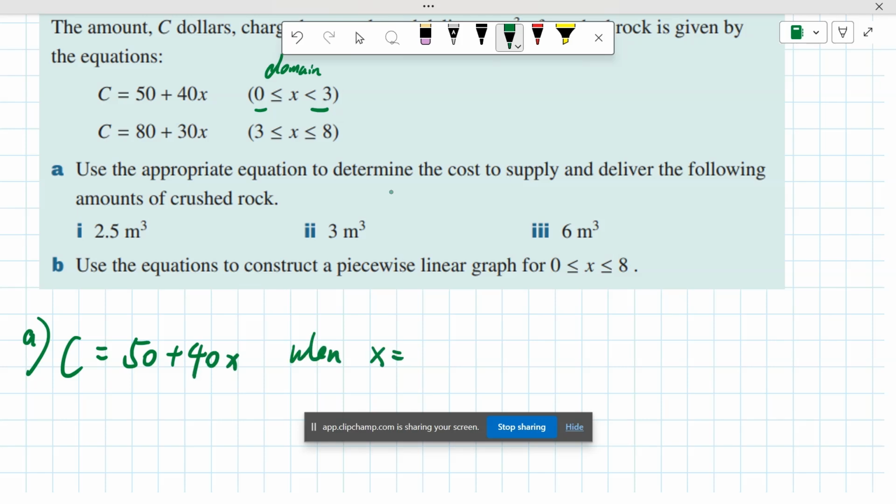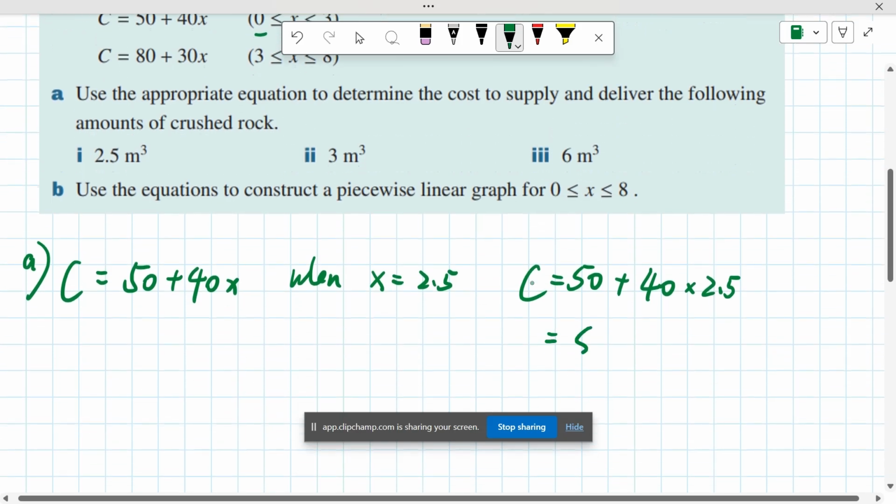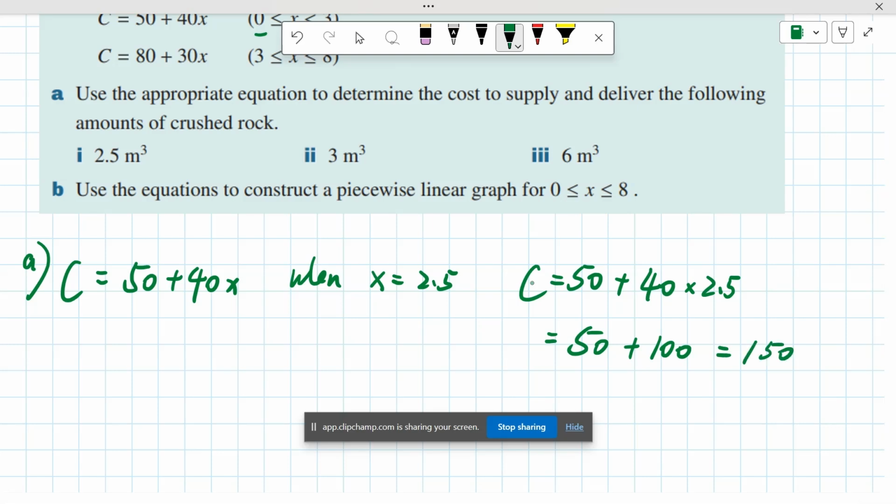When x equal to 2.5, C equal to 50 plus 40 multiplied by 2.5. And 40 multiplied by 2.5 is 100, so 50 plus 100 equal to 150. So 2.5 cubic meters will cost $150.